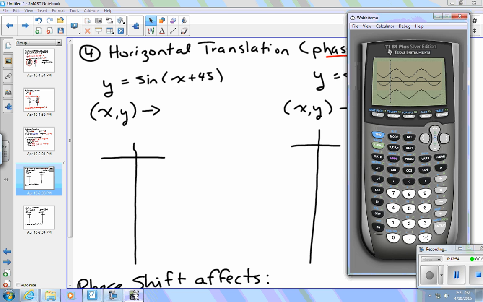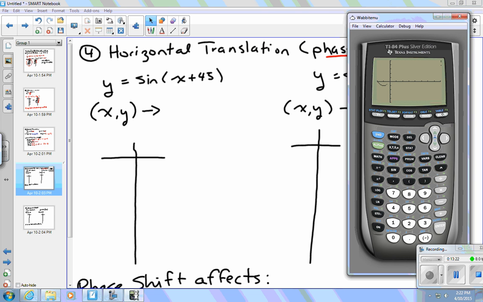So let's go back to the calculators and leave only our original equation in. And again, double check that your calculator's in degrees here, but we want to do the sine of x plus 45. Before you hit graph, you might want to make a prediction to yourself as to where that graph has gone.